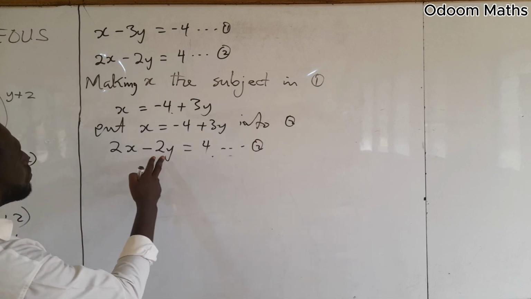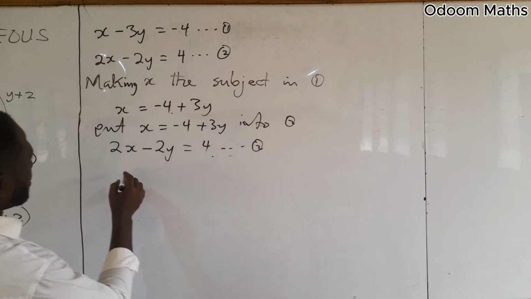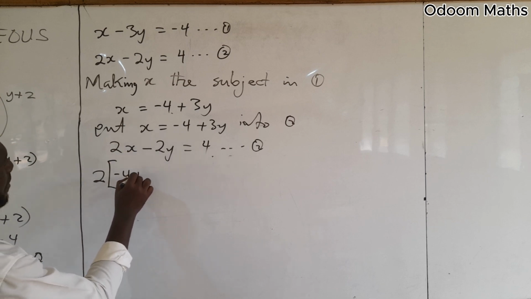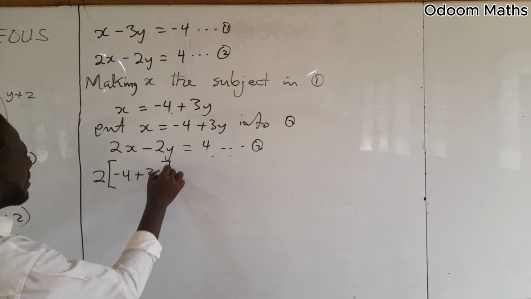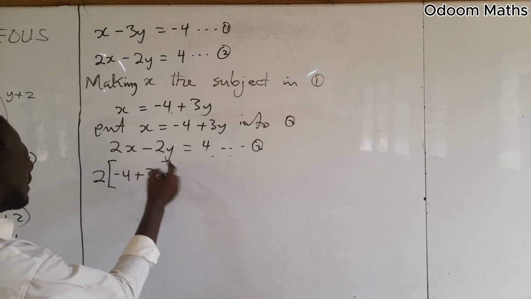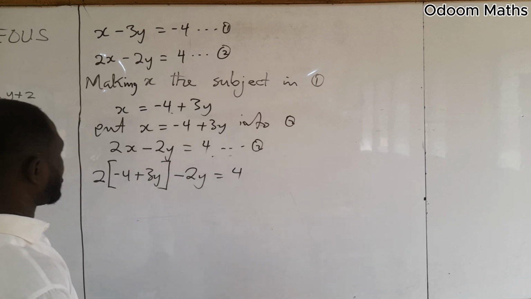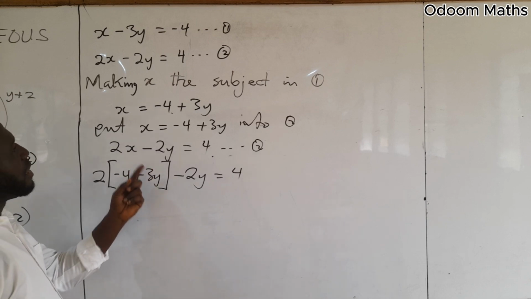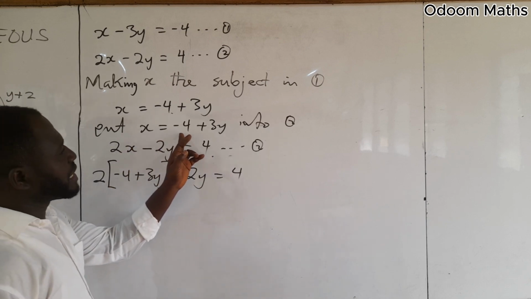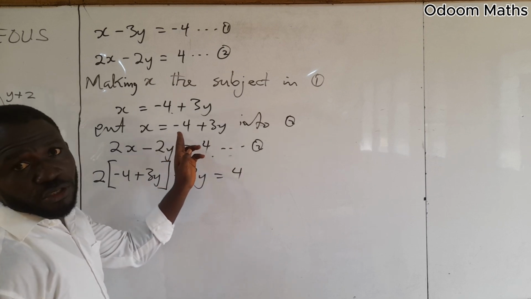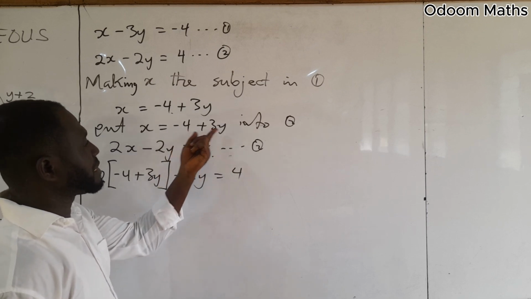So where I see x in equation 2, I put negative 4 plus 3y there.